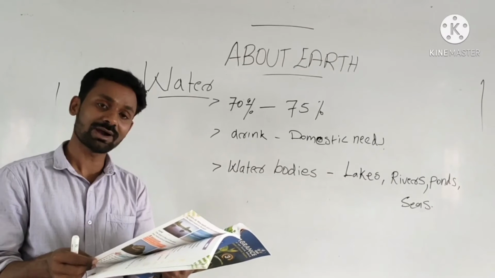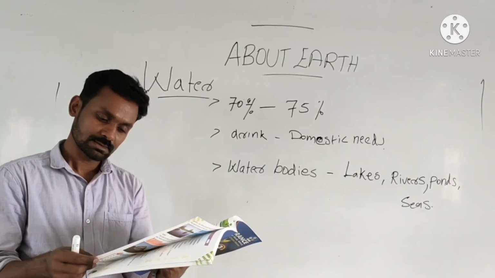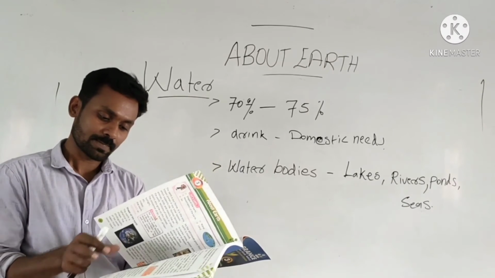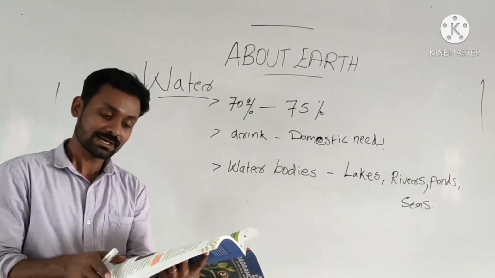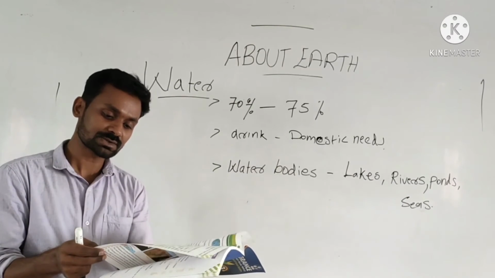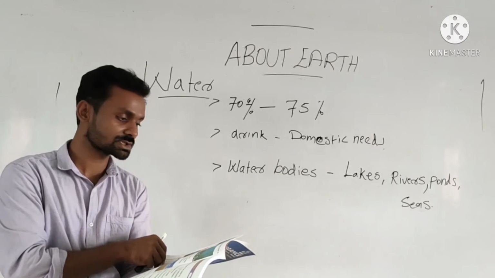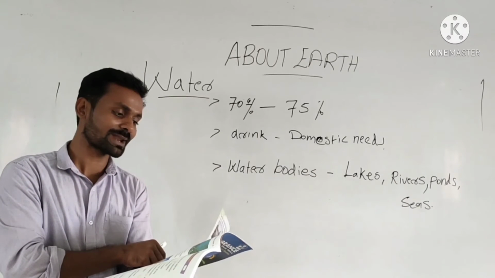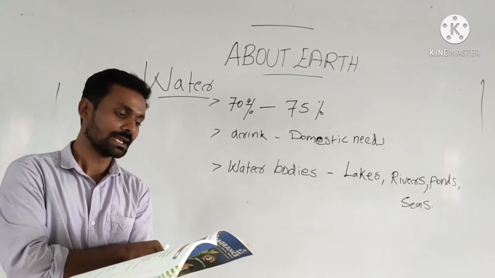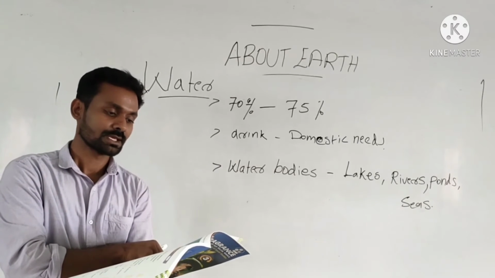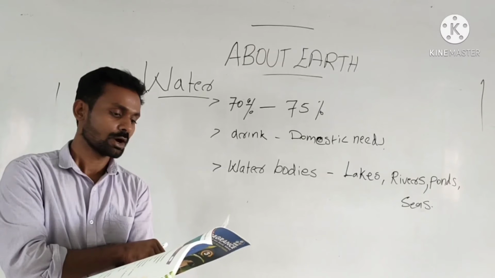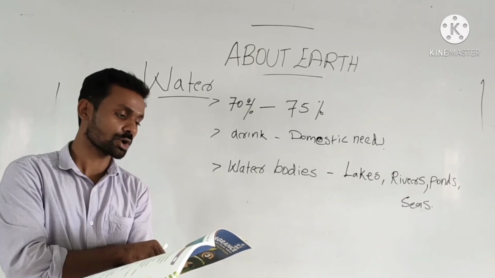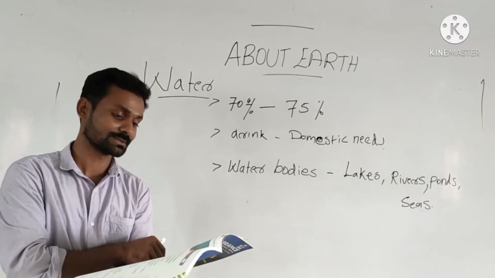There are many water bodies, like lakes, rivers, ponds, seas, oceans, etc. Many aquatic plants and animals live in water. Pacific Ocean is the largest ocean on the earth.